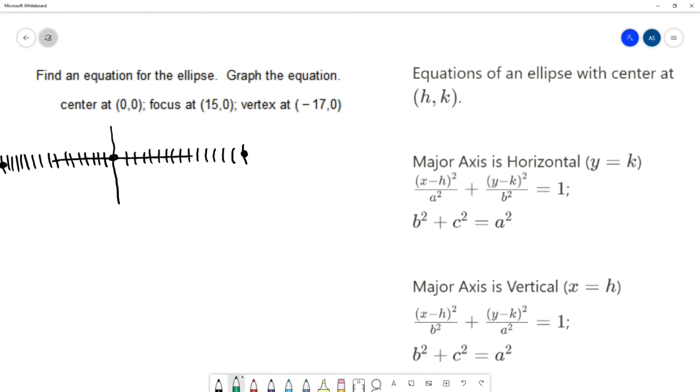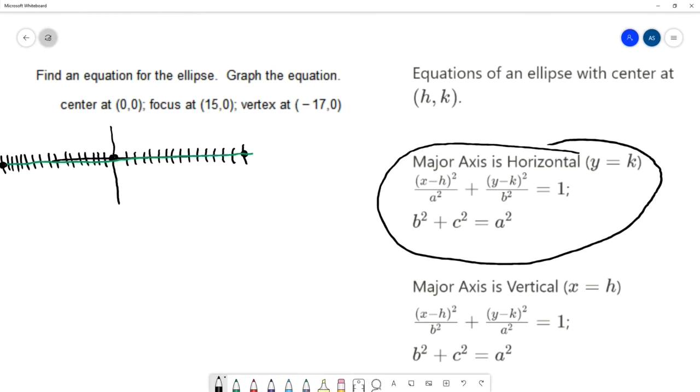And because these points are all lined up horizontally, I know that this ellipse has a horizontal major axis, is oriented horizontally. So all of these points are lined up horizontally. So I know that my major axis is horizontal.